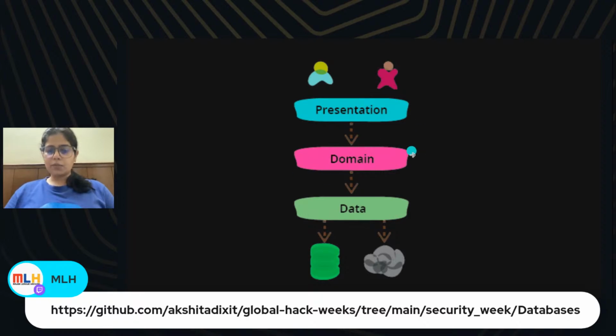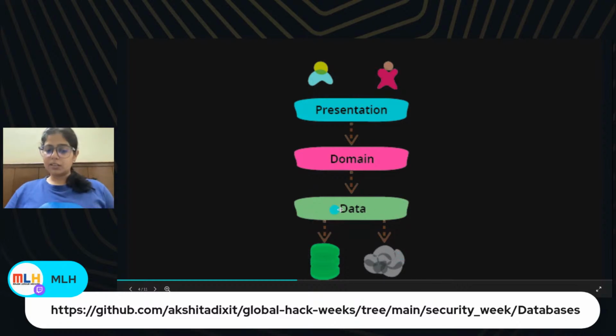Okay. Then we have something called the domain, which is basically our backend, something that will help us interact with the data. And again, backend does not interact directly with data. What we do here is we make sure that there's a data layer in the middle that can directly access organized data, unorganized data, whatever it is.